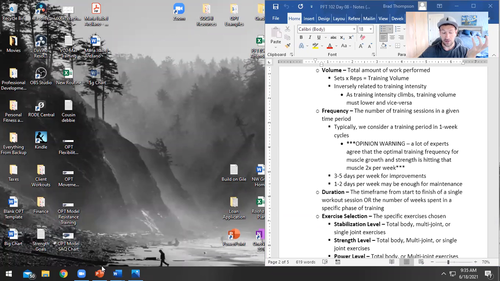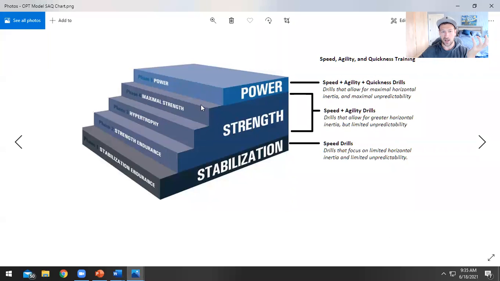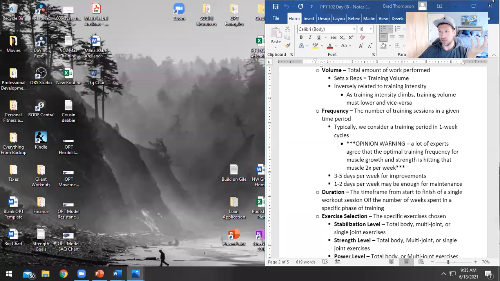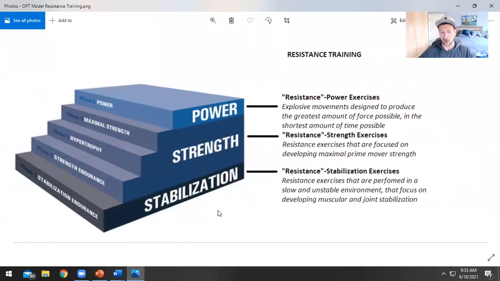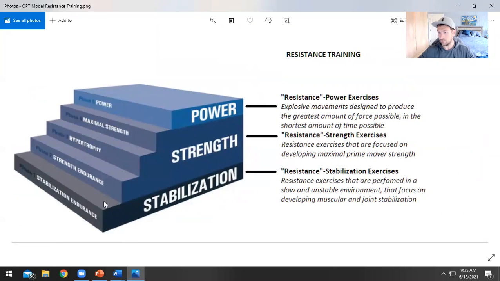But if your client is focused on max stabilization endurance, the thing you should be increasing to make it progressive and make it harder should be the stability. You should make it more wobbly to make it harder. But if your client's goal is to gain endurance, well, then maybe it's to raise the repetitions.